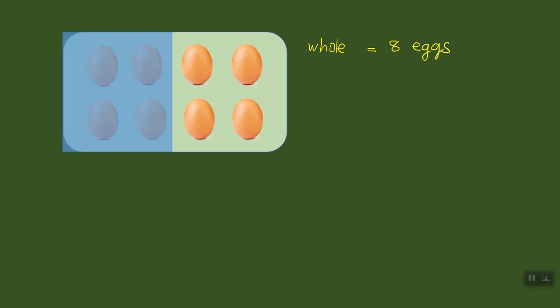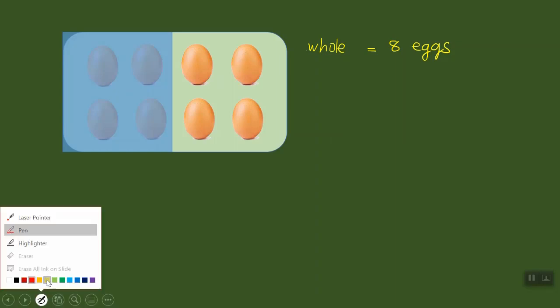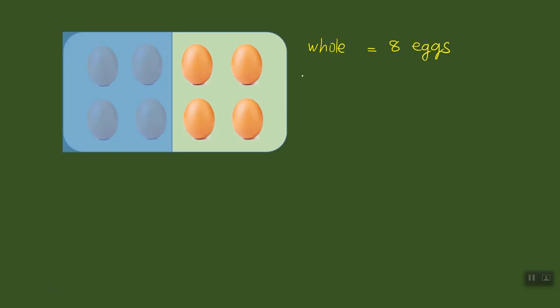Here you see that there is a part that is covered by blue thin layers. You can see that the part covered by blue is actually a half of the whole. So, in this case, a half of the whole contains 4x.